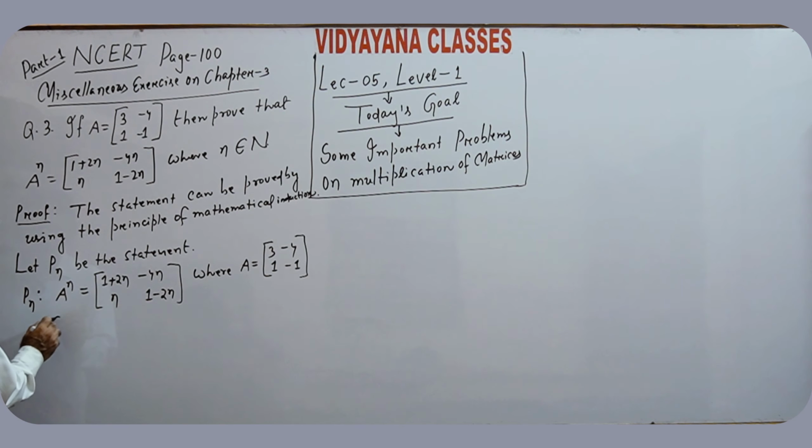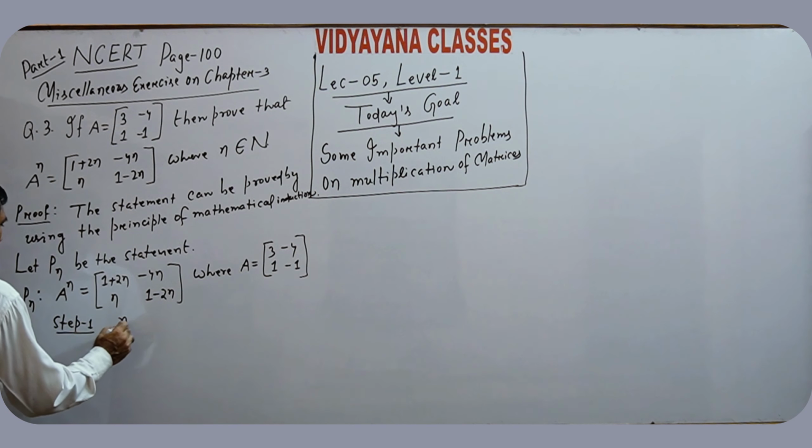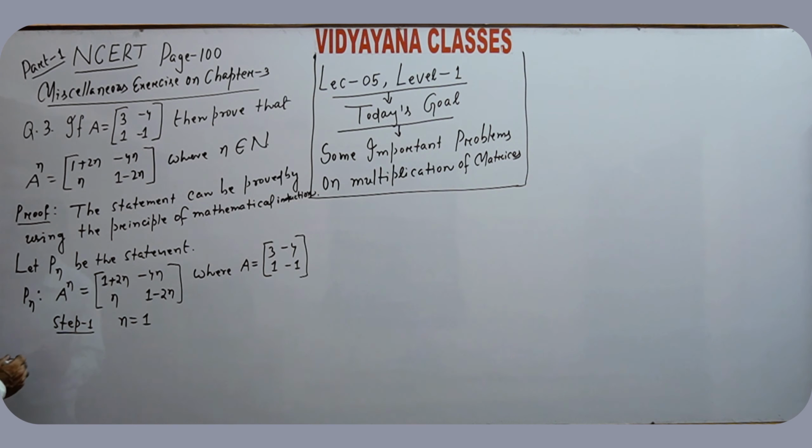Step 1. N is equal to 1. For n is equal to 1, the statement is P1.